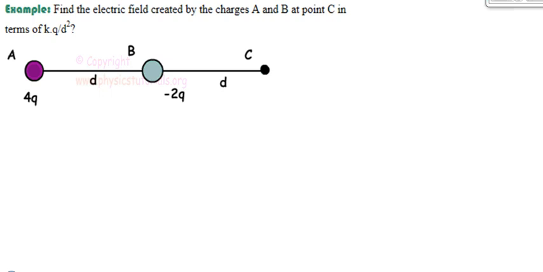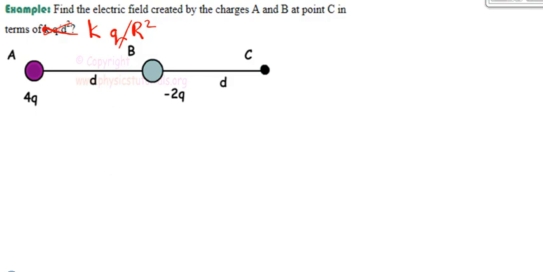A very, very quick example. It says find the electric field created by the charges A and B at point C in terms of K, Q, and D squared. You'll find that D and R squared are kind of interchangeable, but just to make life easy, let's use R squared.